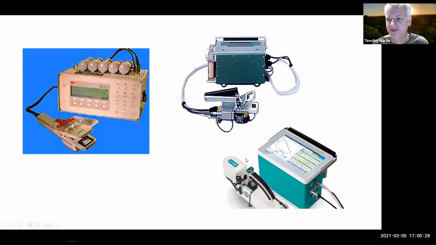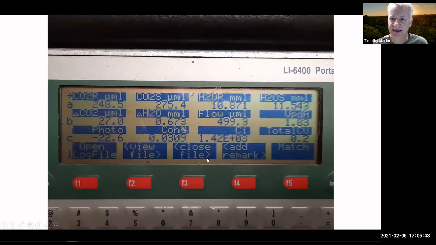Okay, so there are different photosynthesis systems that you can buy commercially, and most of them are open systems like this. This is a LICOR corporation. These are two types of LICOR photosynthesis systems. And these photosynthesis systems have readouts. The one that we'll be using in lab has a readout that looks like this.